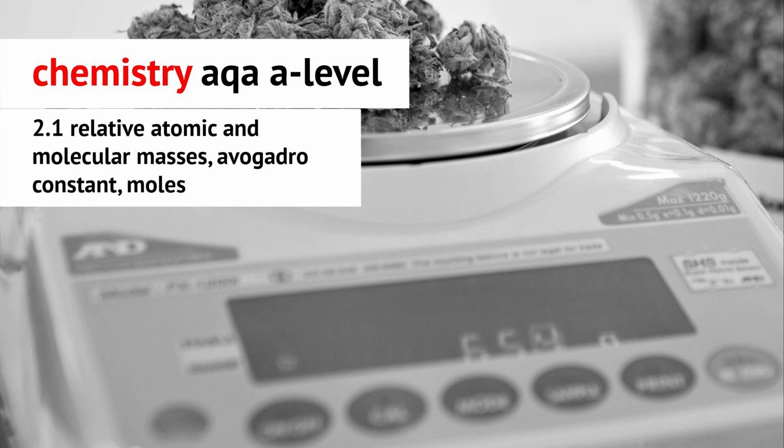So 44 grams of carbon dioxide contain this same number of molecules. If you weigh out the relative or formula mass, Mr, of a compound in grams, you have the same number of entities.